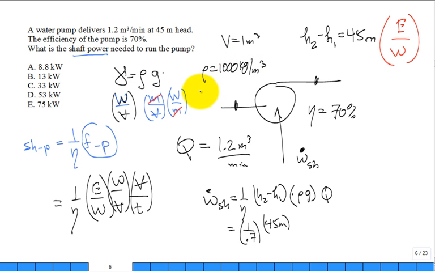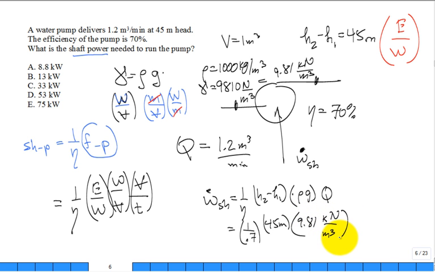But what is gamma of water? 9,810 newtons per meter cubed, or 9.81 kilonewton per meter cubed, whatever you like. Did I do gamma right?